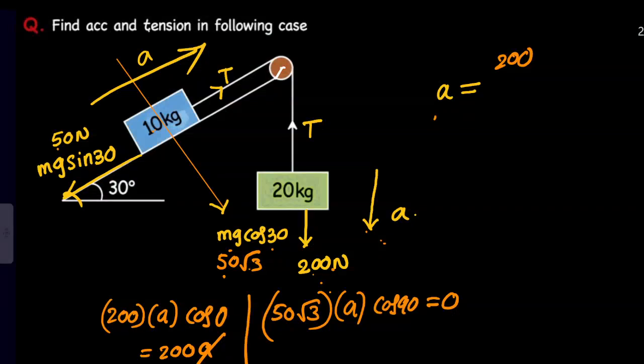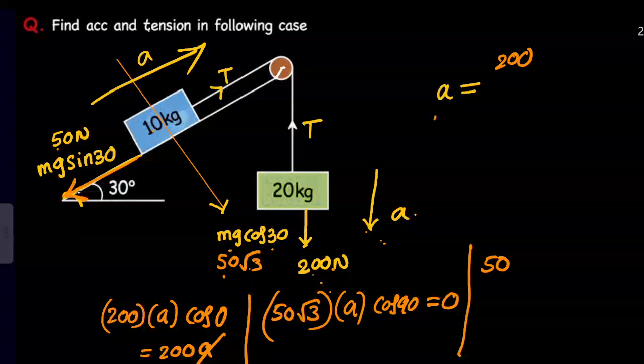Next, coming to the next one. This force is how much? The next one is the 50 in this direction. Acceleration is moving in the upward direction, so the acceleration is in this direction and the 50 newtons is downward. How much is the angle between these two? 180. If one is positive x, the other one is negative x.